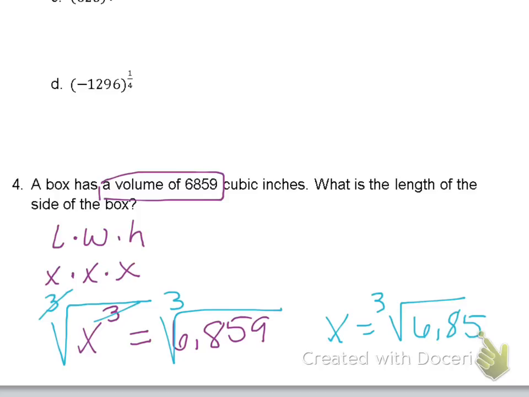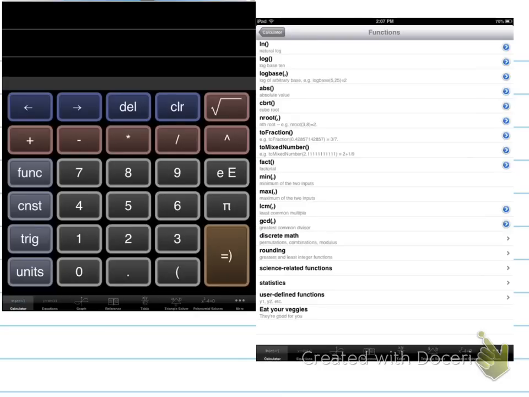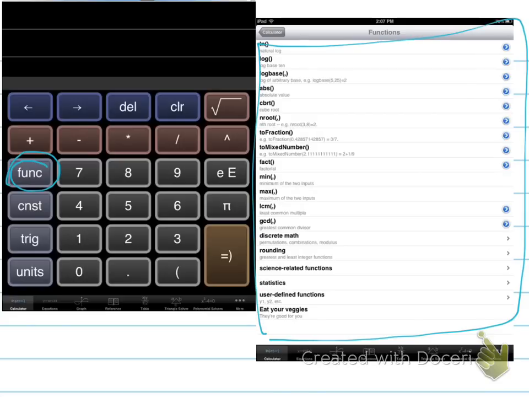Now I'm going to show you really quick on a calculator that I downloaded on my iPad. This is what the calculator face looks like. And to get to a root that's not a square root, I have to click function, which is right here. And this is the screen that pops up here on the right side. After I get to this screen, I need to choose n root, because then I can do any root that I want.